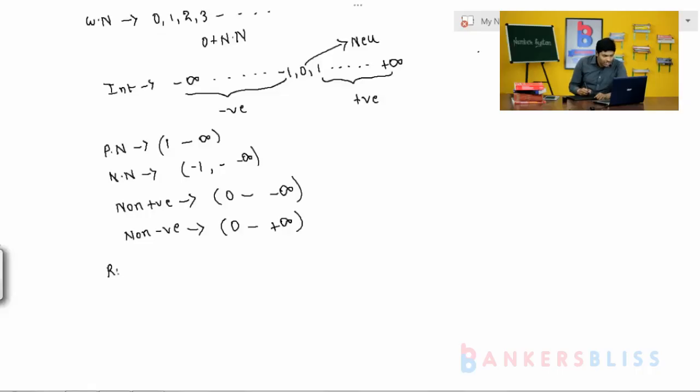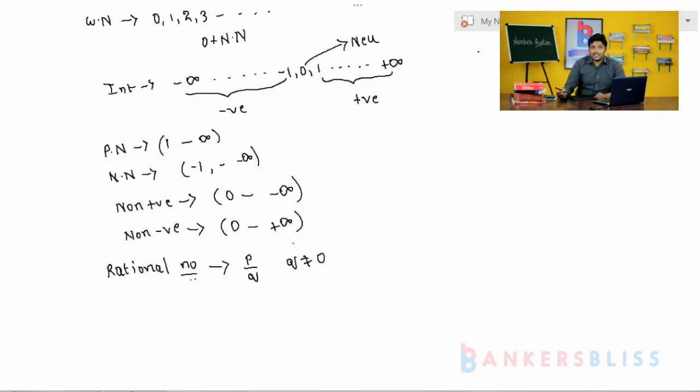Next, after integers you have rational numbers. What do you mean by rational numbers? Rational numbers are the numbers which are in the form of p by q, where q is not equal to 0. Denominator cannot be 0; if it is 0, it is an error, not defined.